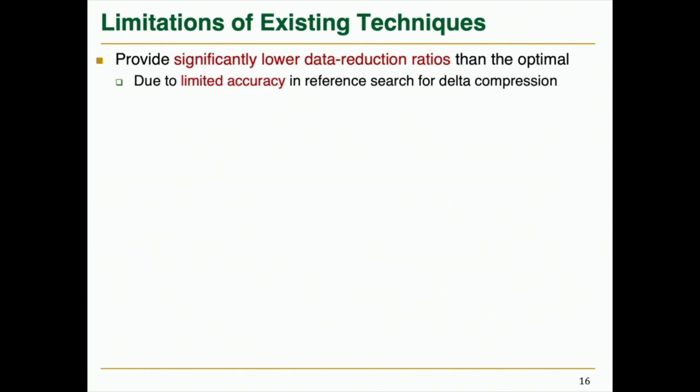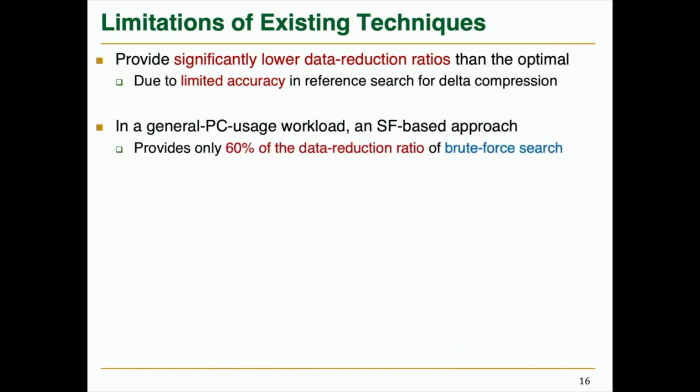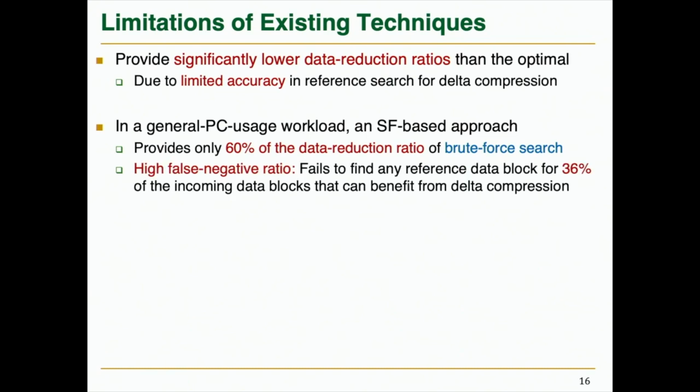However, according to our analysis, existing super feature-based techniques provide a significantly lower data reduction ratio than the optimal. For example, in a general PC usage workload, a super feature-based approach provides only 60% of the data reduction ratio of the brute force search. It turned out that the core problem is a high false negative ratio.